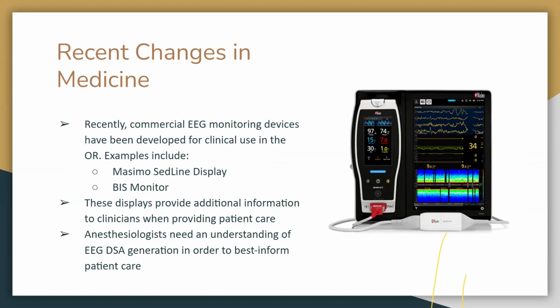All of the work in this talk is based on data collected from the Masimo SedLine, but the BIS monitor is also a very common one that's used. And these displays provide a lot of really powerful information to you guys who are the direct operators of these machines. But of course, there's a minimum required understanding to actually make full use of the information here.